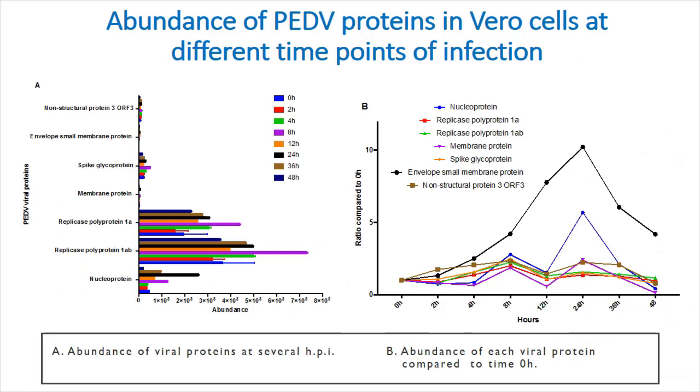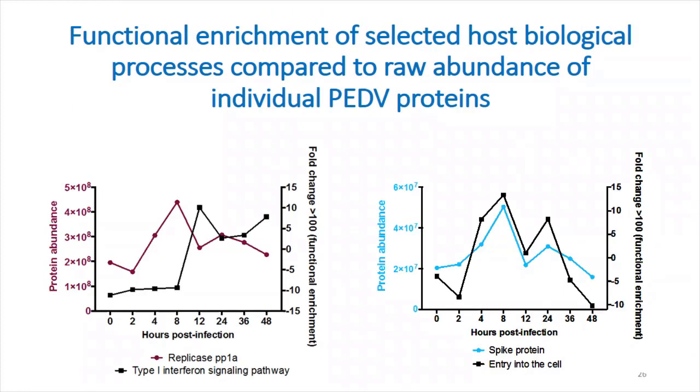And more importantly, we can now do correlation with the abundance of viral proteins, because at the same time, we measure abundance of viral proteins for each time point. And knowing the kinetics of the expression or abundance of viral proteins, for each viral protein we are trying to find association or correlation with certain individual host proteins or groups of proteins.